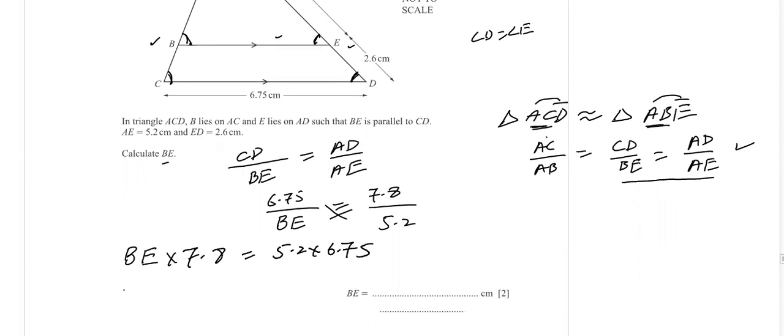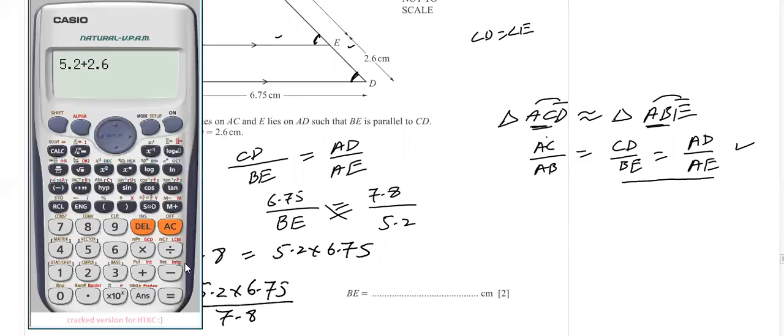So from here BE equals 5.2 multiplied by 6.75 divided by 7.8. Okay, so let's calculate that. 5.2 multiplied by 6.75 divided by 7.8.